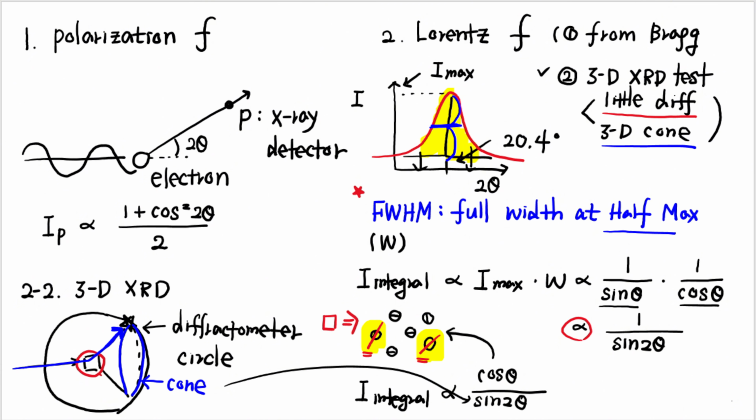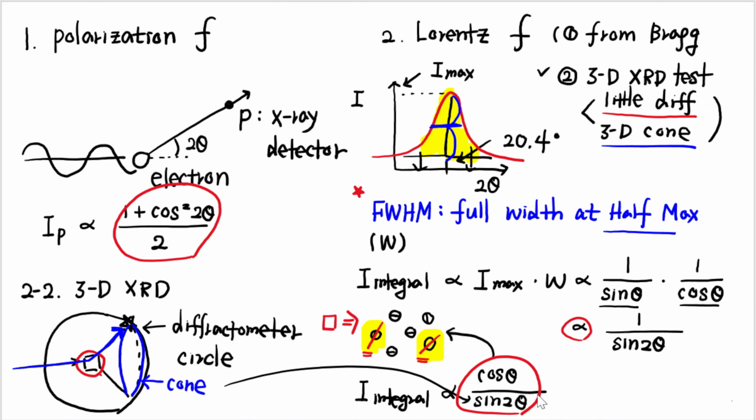The first one is from the polarization factor, the intensity at the position of P away from the electron, 1 plus cosine square 2 theta over 2. And then as a Lorentz factor, there are three different ones, but from the concept itself, it should be 2. The first one is a little different from powder metallurgy as a polycrystalline material, together with consideration of the three-dimensional cone within the diffractometer circle, and then integral this one.